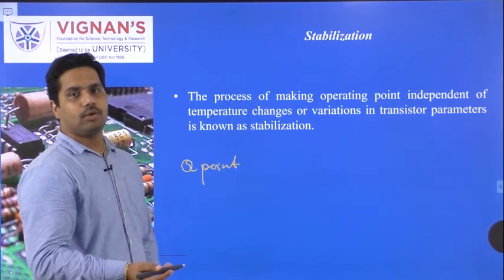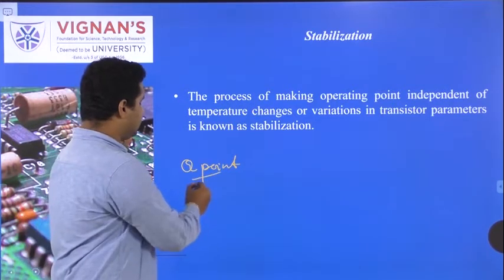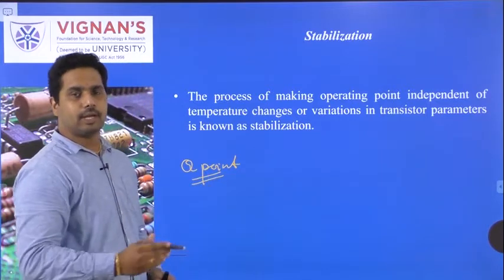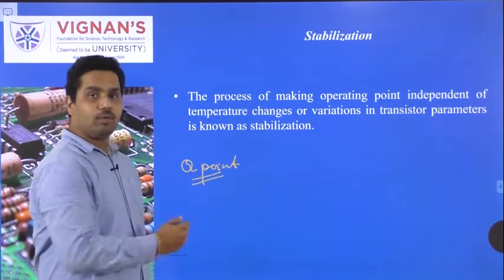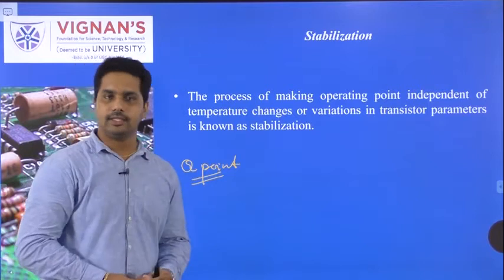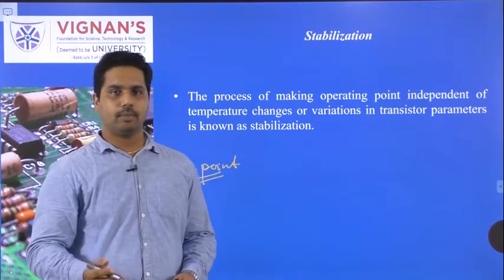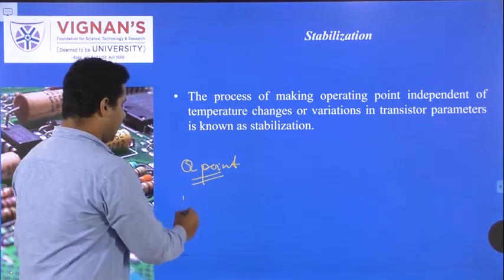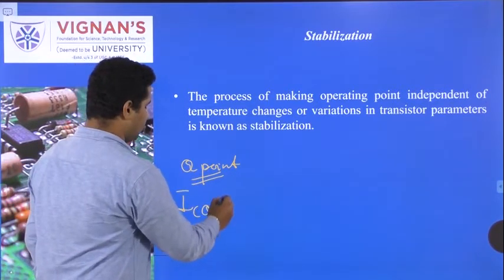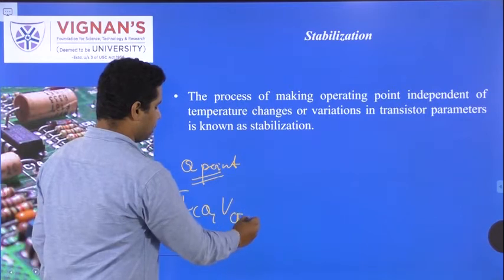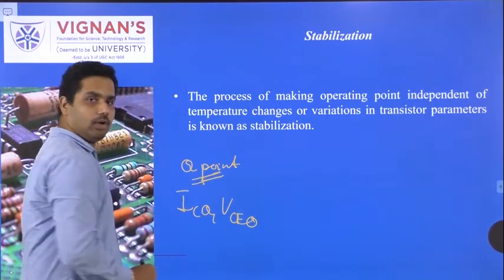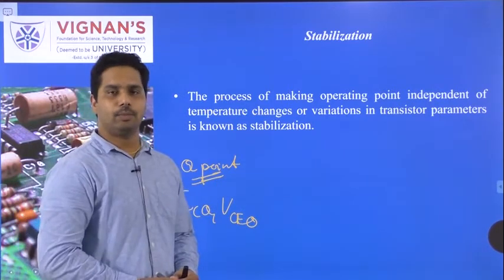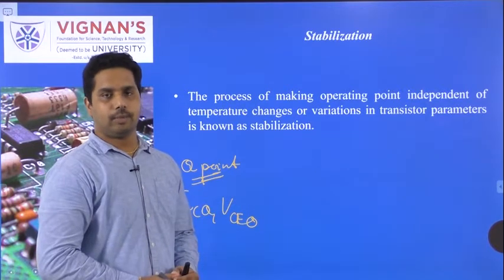But even though you have made the desired Q point, because of some other reasons, the Q point may vary. So what I am trying to say is, already because of biasing, by properly giving the voltages, by properly obtaining this ICQ and VCEQ value, you got the desired Q point, and you are having faithful amplification.